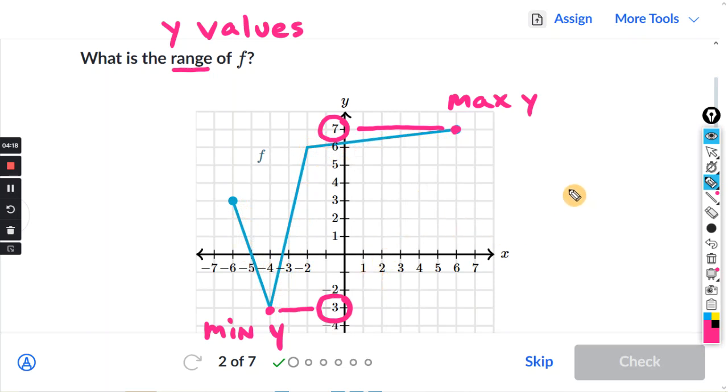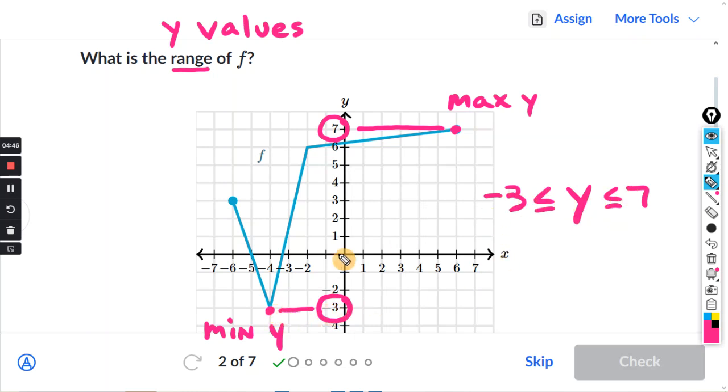So if you start with y, it's everything that's less than or equal to 7. And it's everything greater than or equal to -3. So y is greater than or equal to -3. And it's equal to 7 because there's a solid dot right there, and it's equal to -3 because there's no hole in the graph right there.